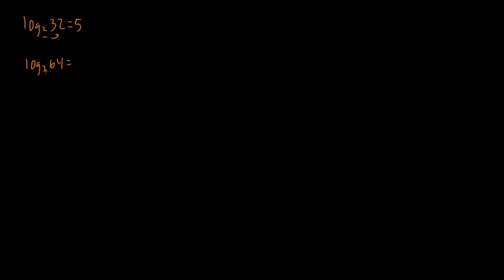How many times do I need to double, starting at basically 1, to get to 64? And the answer ends up being 6, because if you start with 2 and then we get 4, and then 8, and then 16, and then 32, and then 64, and we can count these quick. We've got 1, 2, 3, 4, 5, 6.